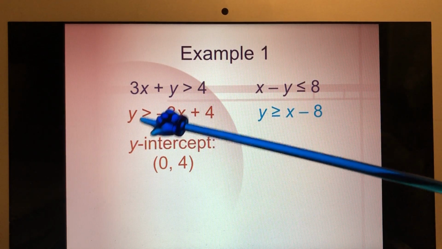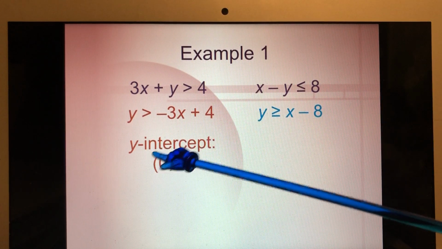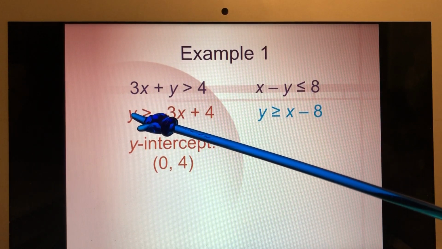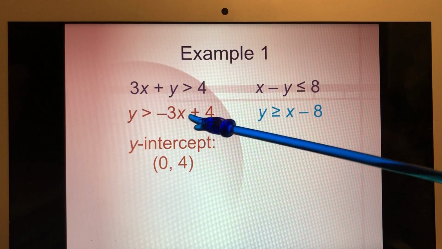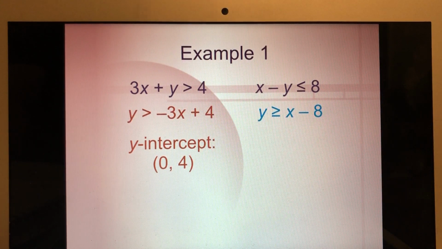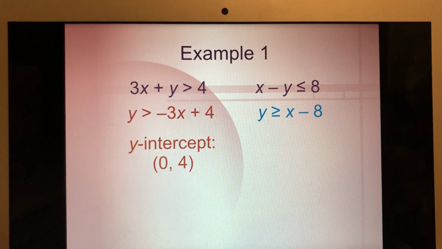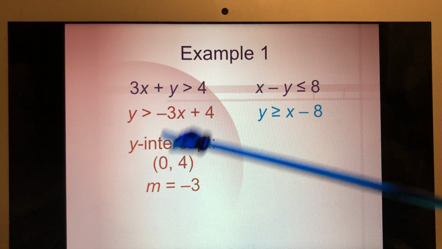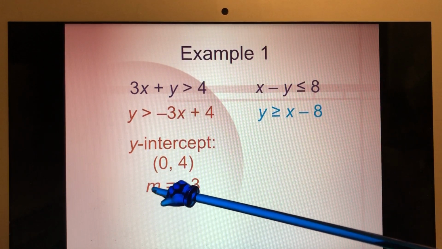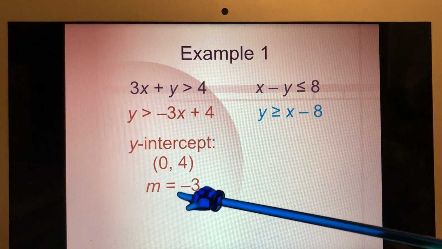So here in this equation, my y-intercept, if I set x at 0, y is going to equal 4. So (0, 4), that's the y-intercept. The slope, remember our formula, y equals mx plus b?